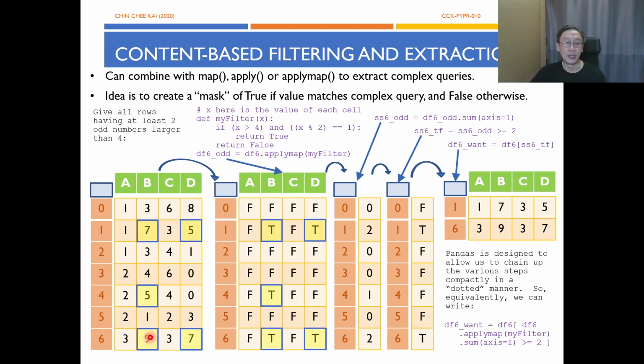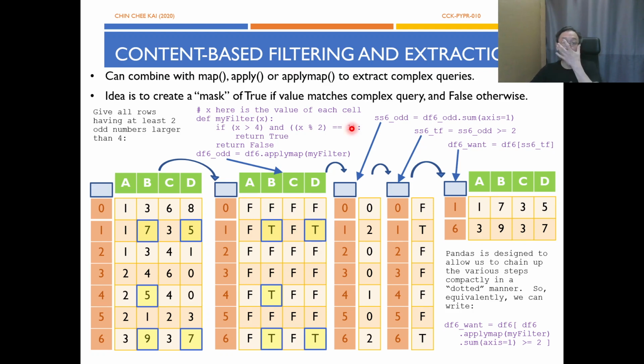Now this is getting complicated, okay? What we try to do here is write a filter and say that if that content value, for example 7, first of all, has to be greater than 4. 7 is greater than 4. And after dividing by 2, it leaves a remainder of 1.